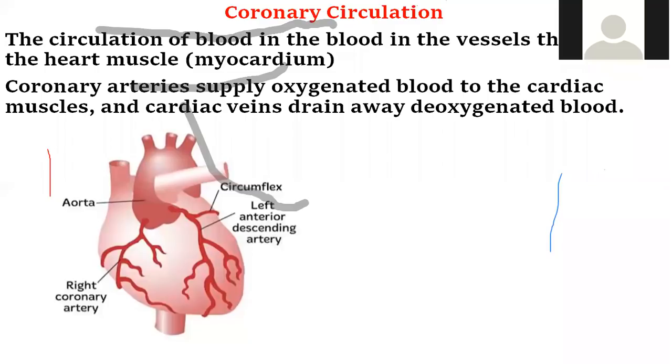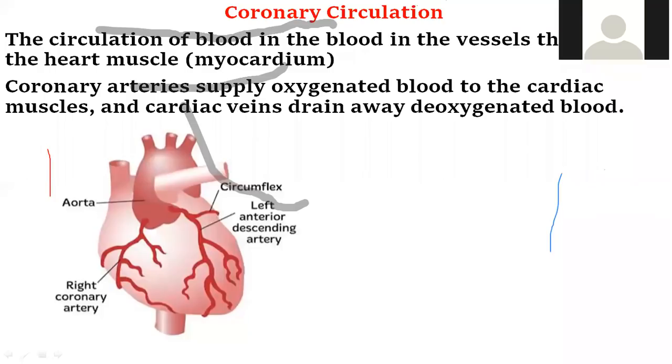It supplies the right side of the heart, and also we have the circumflex artery. We have the left anterior descending artery, popularly known as LAD. They all supply the heart, and the venous drainage carries away the nutrient-depleted blood. That is coronary circulation.